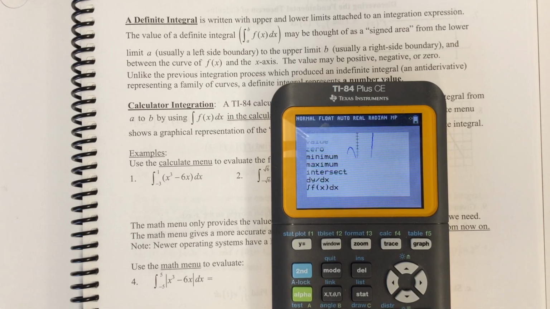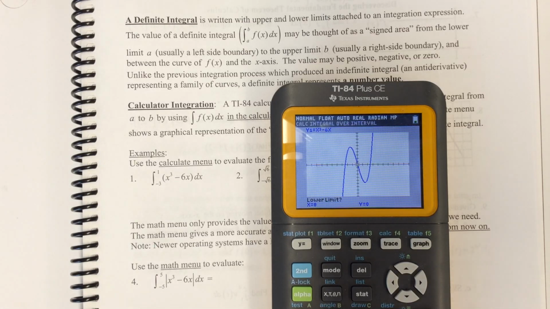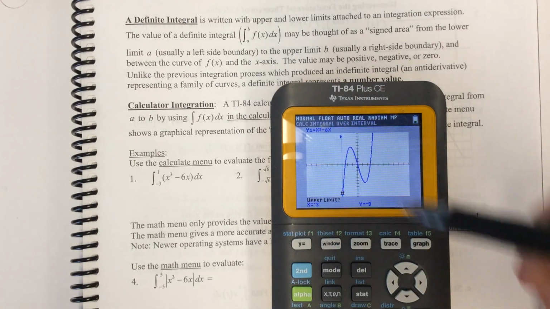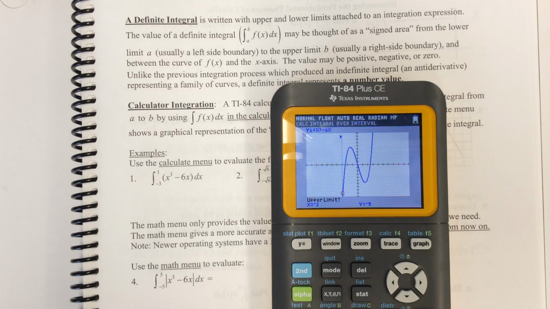Hit enter, and it's going to ask first for the lower bound. Okay, so we're going to put in -3 for the lower bound. Hit enter. You'll see it draw that line right there. That's where it's going to start looking. And then upper bound, put in +1, and it should trace it there for us.